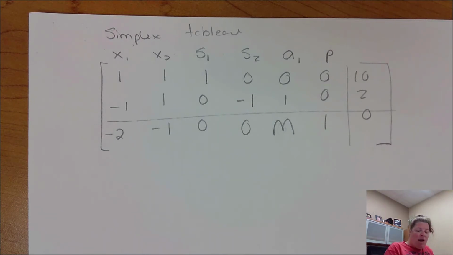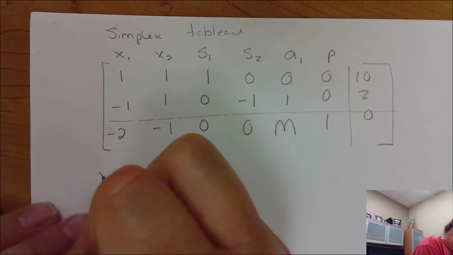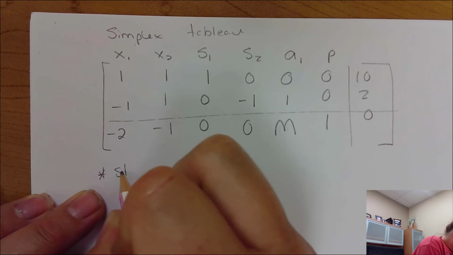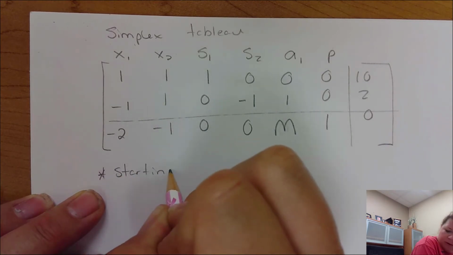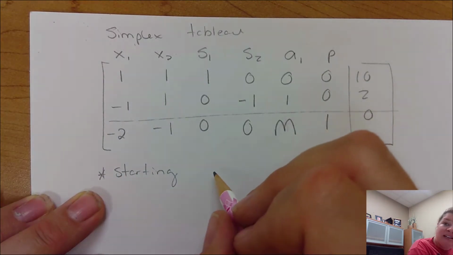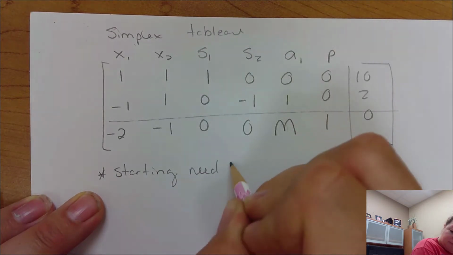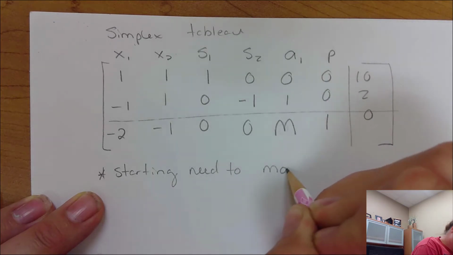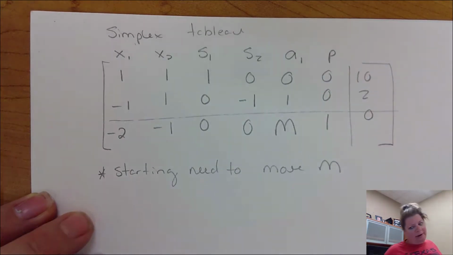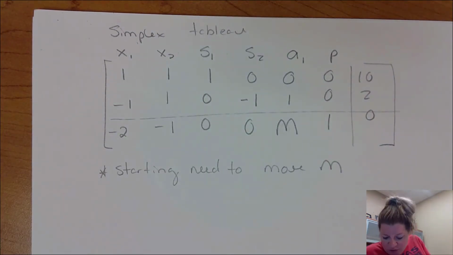So in the A1, we have the M. How are we supposed to move the M? So our first goal is to move M.